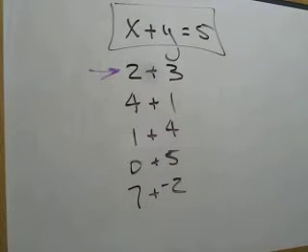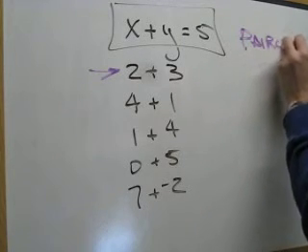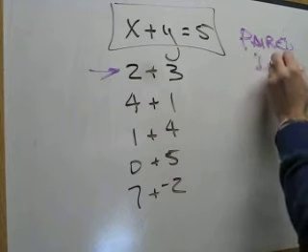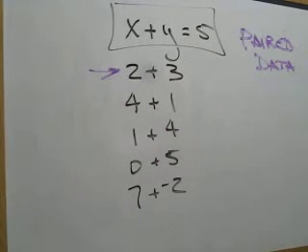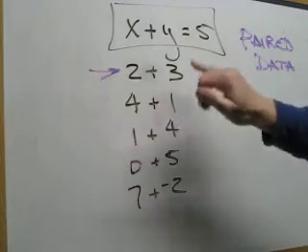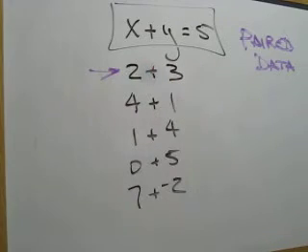So what these are called, when that is true, we call this paired data. P-A-I-R-E-D, data, D-A-T-A. That means that if we put one number down, the other number goes along with it. It's a pair. They're paired together.